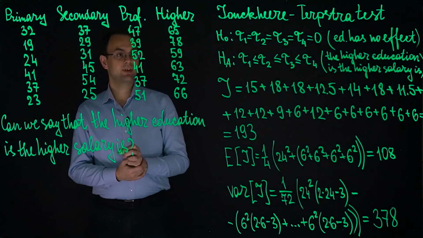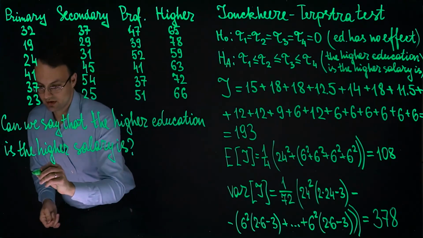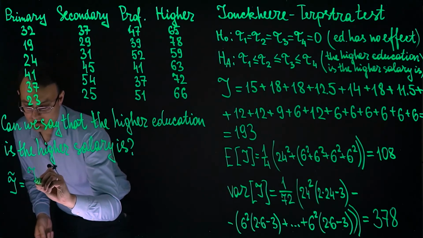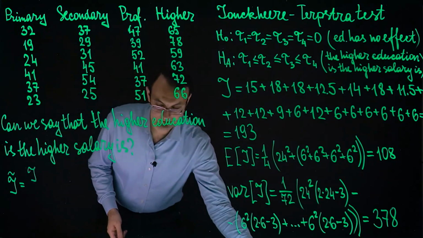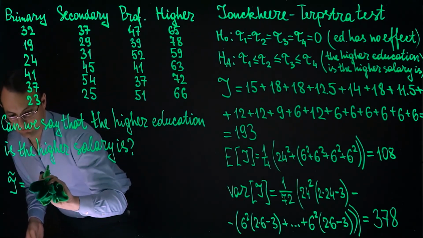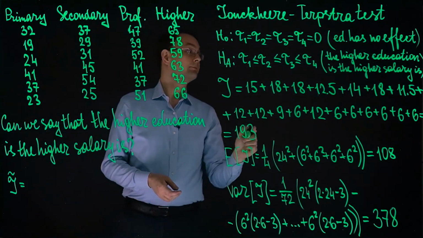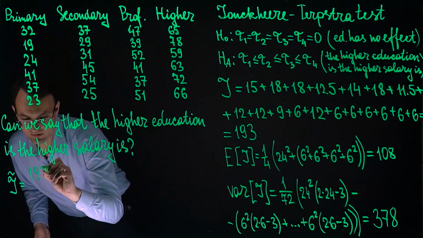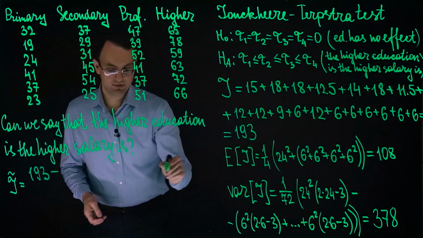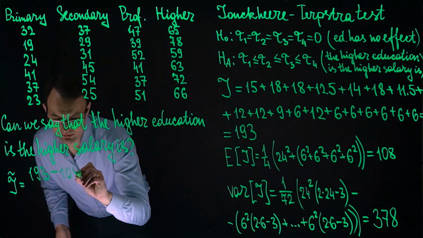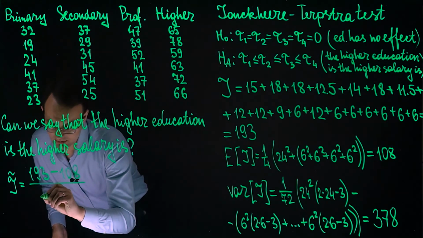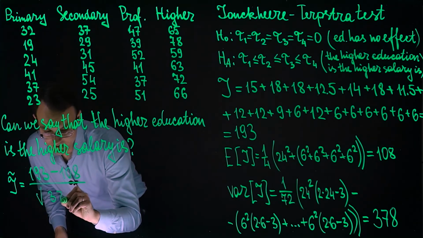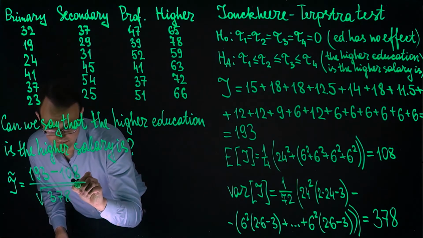Now it's time for the standardized J. Standardized J tilde is J. So J is 193 minus the expected value, 108, divided by the square root of the variance of J of 378.